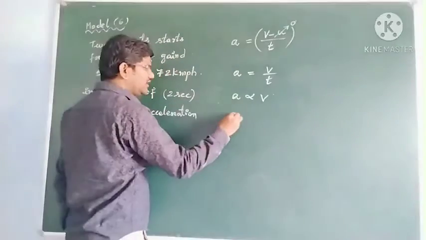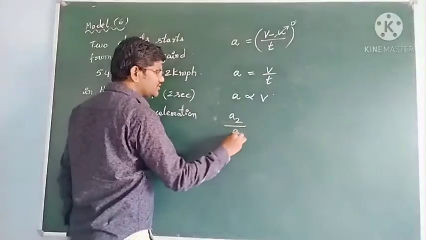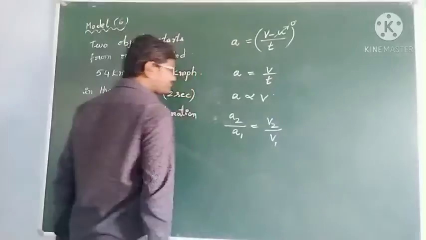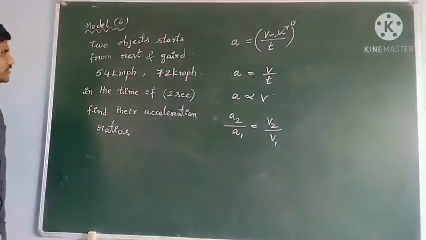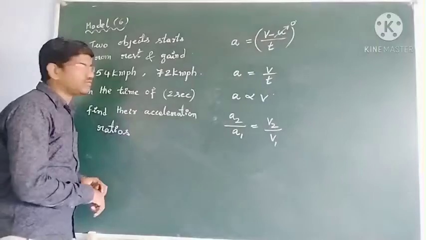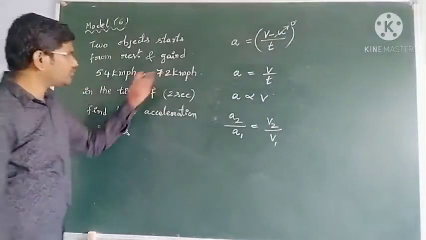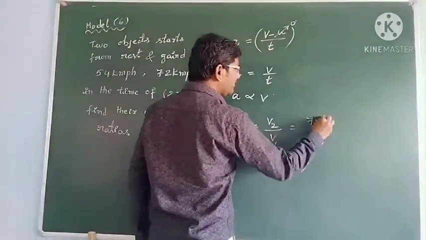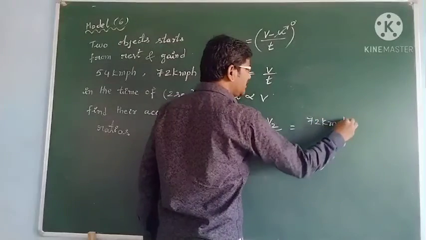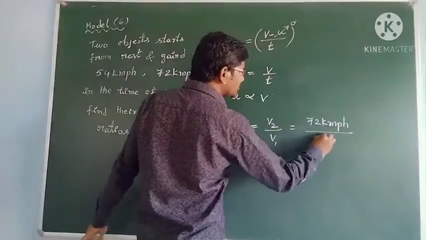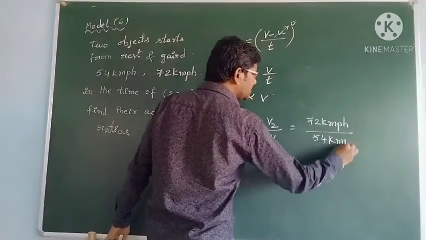Then we have to take the ratio, so a2 by a1 will be v2 by v1. We want to find their acceleration ratios. So a2 by a1 is equal to v2 by v1. The v2 value is 72 kmph and the v1 value is 54 kmph.